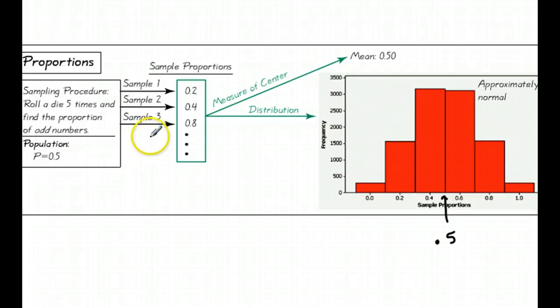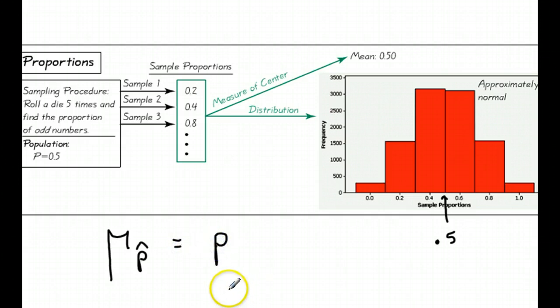So what are we seeing here? We're seeing another approximately normal shape with the bell or the curve peaking at the population value, the expected population value. So in this case, again, it's weird to see this notation, but it's the mean, because it is a population. These are all the possible outputs that I could get of a sample size 5. It's the mean of the sample proportions is equal to, just use P to represent the population proportion.